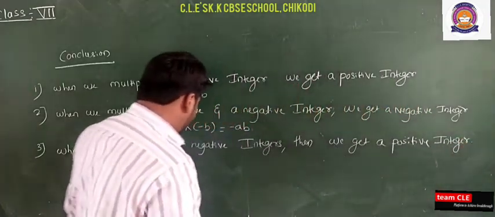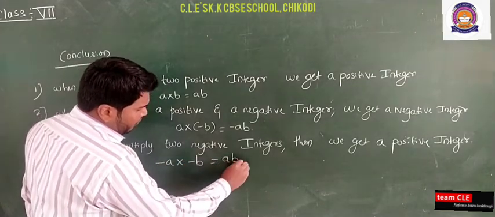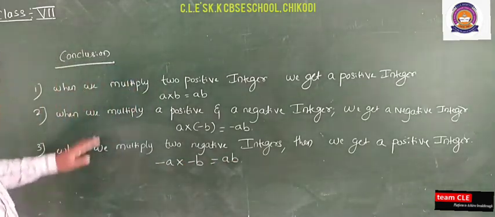Okay, so this is minus a into minus b, which is equal to ab. So go through these three conclusions.